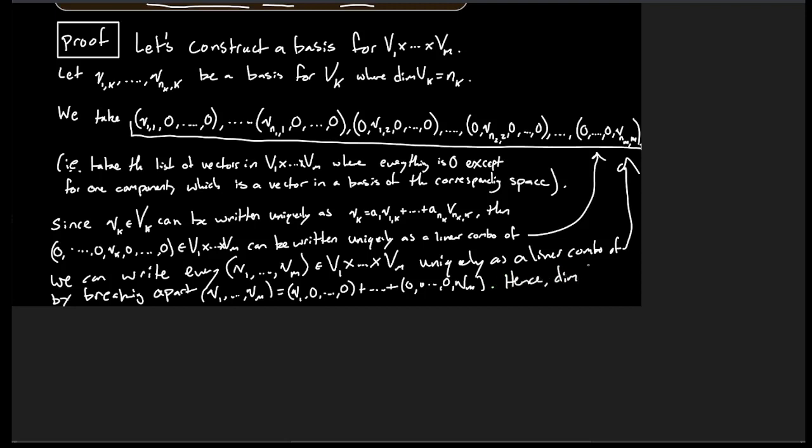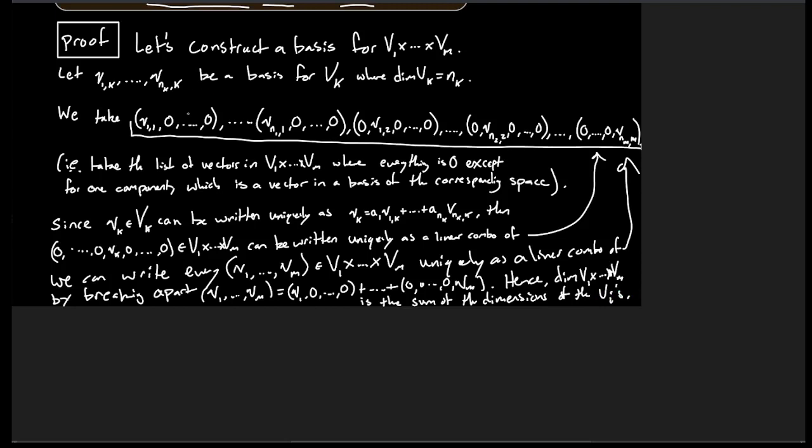Hence, the dimension of the product, that's an x, is the sum of the dimensions of the vi's.